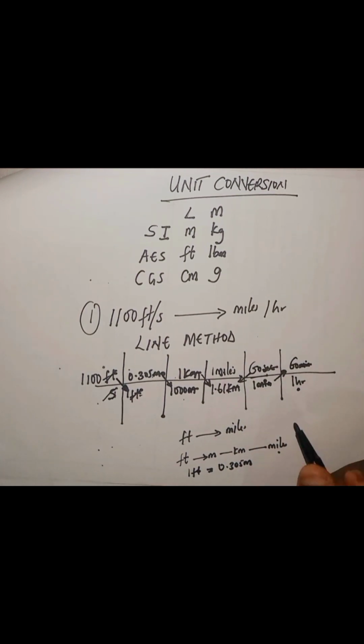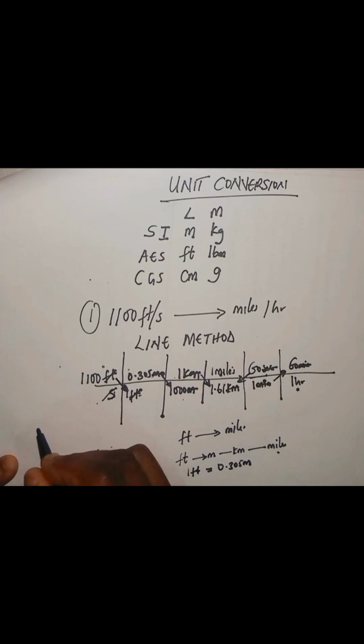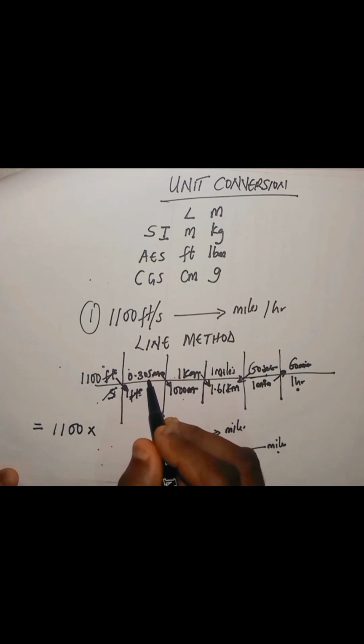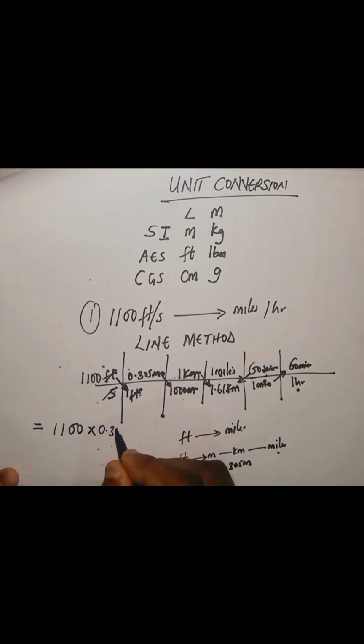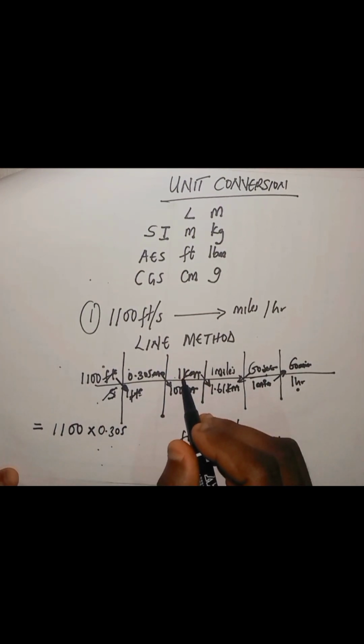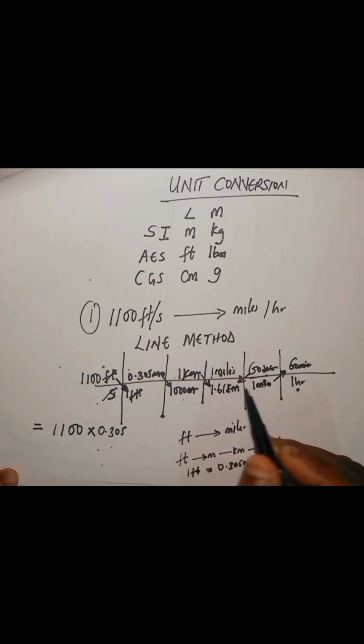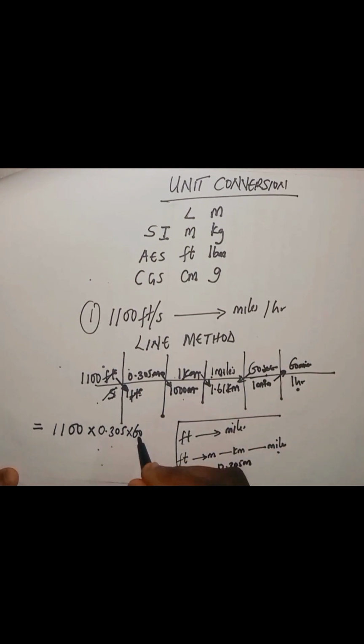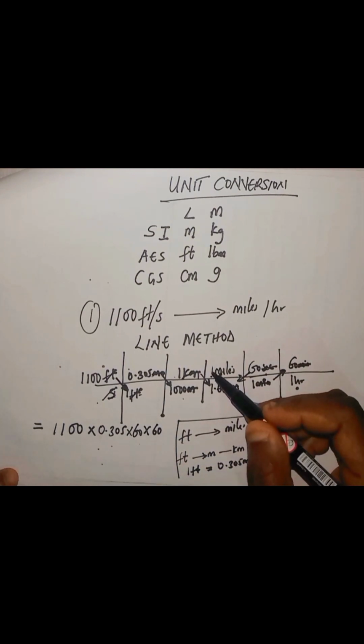So you stop there. The next thing you need to do is to bring out the values. So this is 1100 multiplied by 0.305, multiplied by 1, multiplied by 1, multiplied by 60, multiplied by 60.